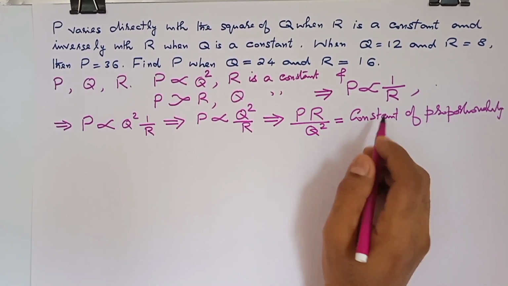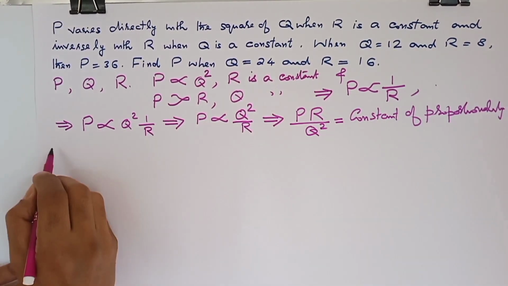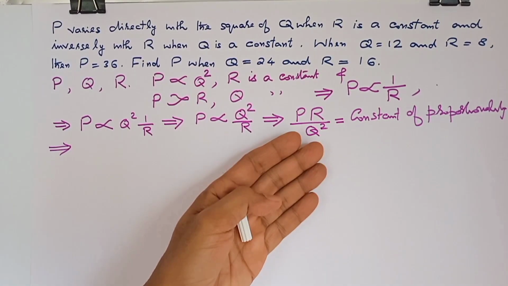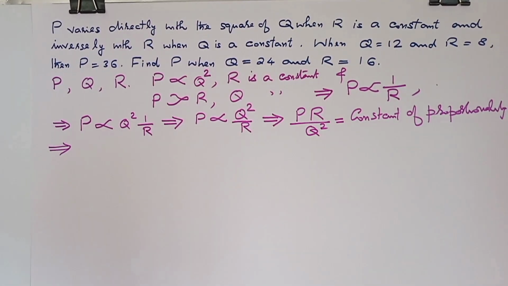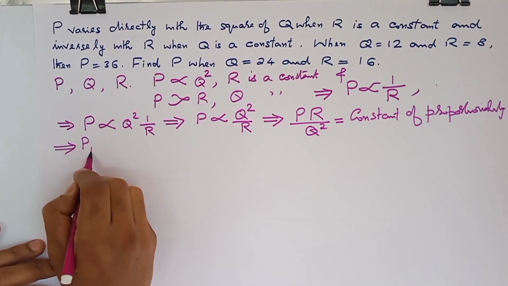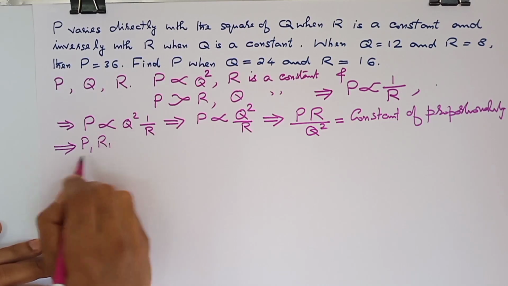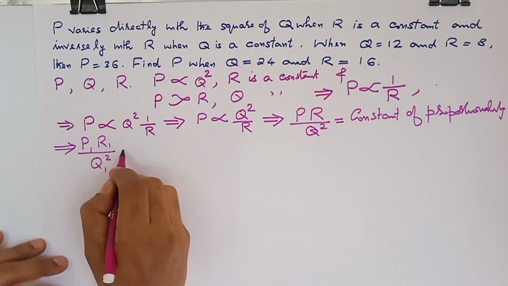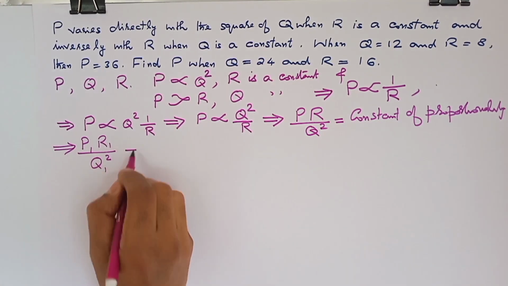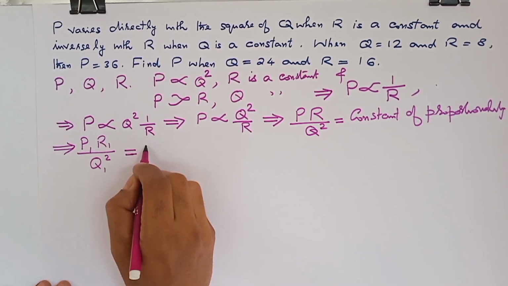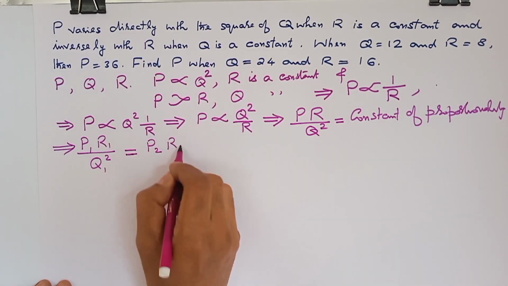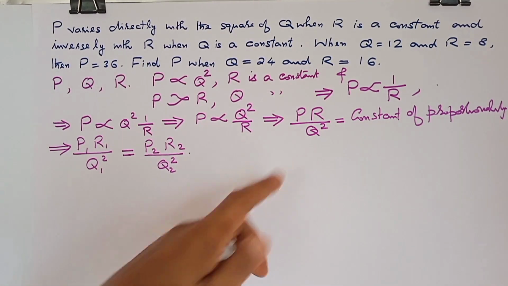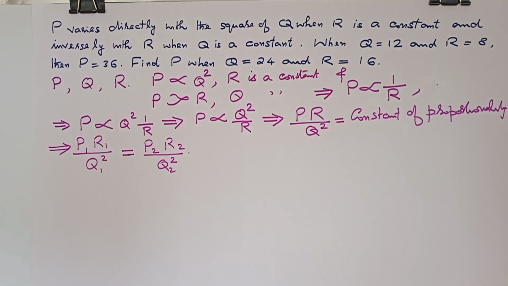I'm directly writing that will be a constant, and that implies what? Taking two sets of values for P, Q, R, they will be equal. So supposing P1 is the first one, P1, R1, Q1 square, you get some ratio here that will be equal to the second ratio. This is the meaning of direct proportionality.